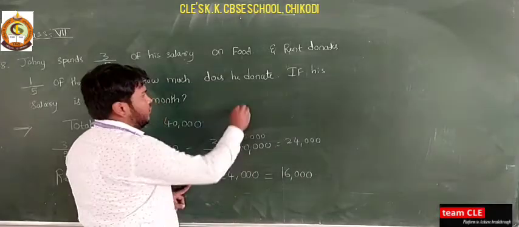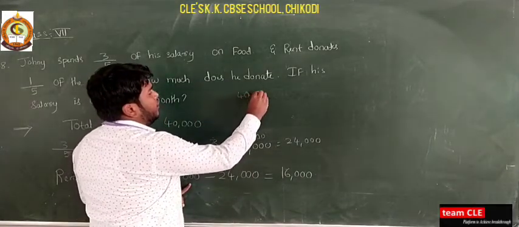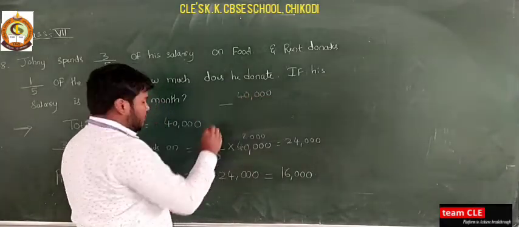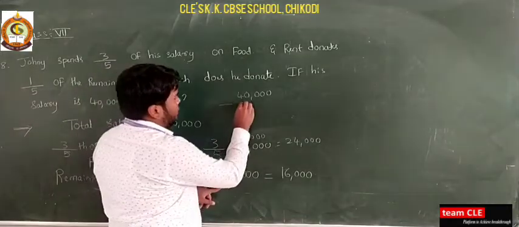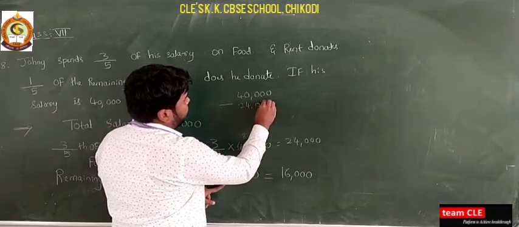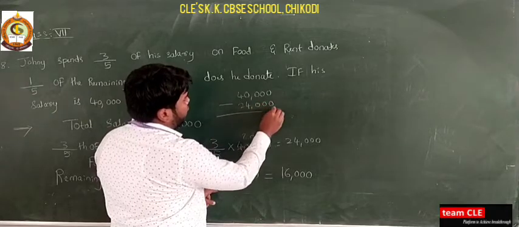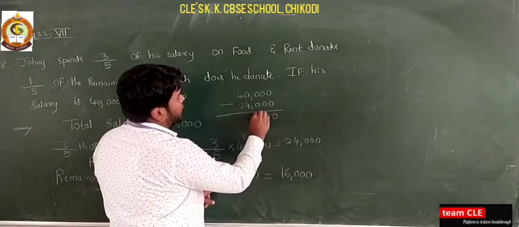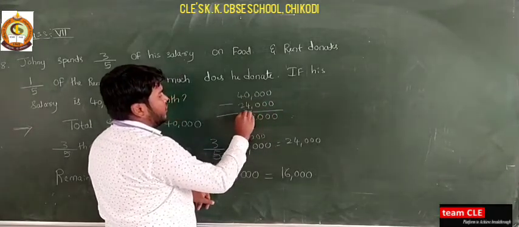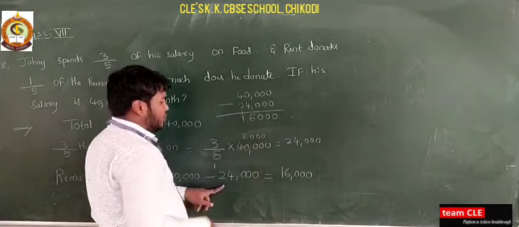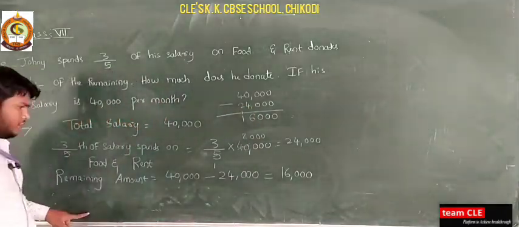How? You can do simple subtraction: 0 minus 0 is 0, 10 minus 4 is 6, then 4 minus 3 is 1. So this is your 16,000.